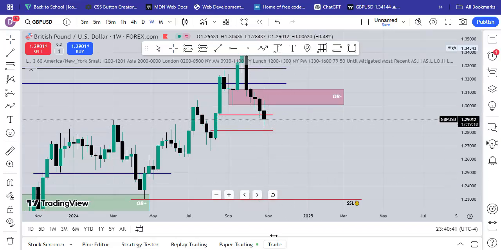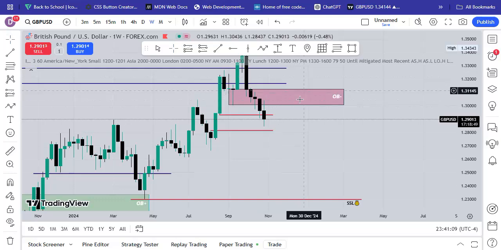So like I said, I want to see this fair value gap serve as a driving factor to push price up, to want to come into this monthly order block. Once we get into this monthly order block, I also want to see this order block be our PD array to want to sell price.